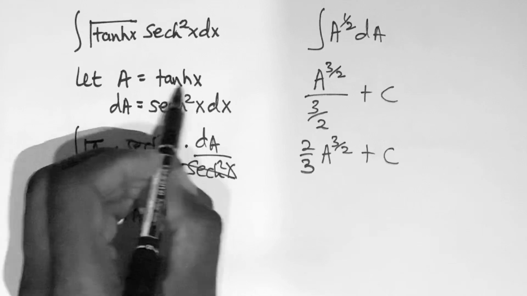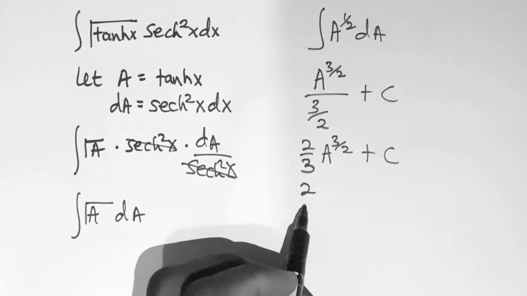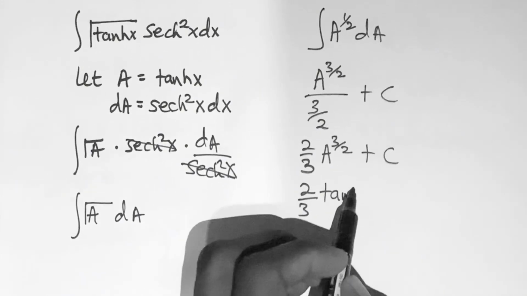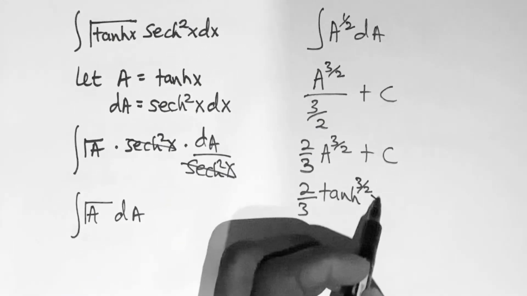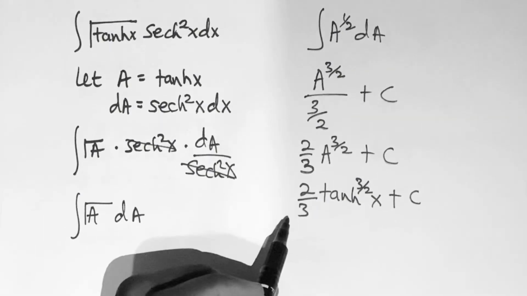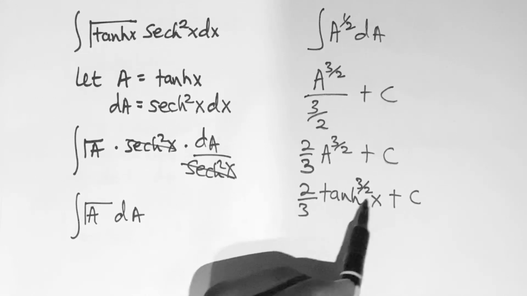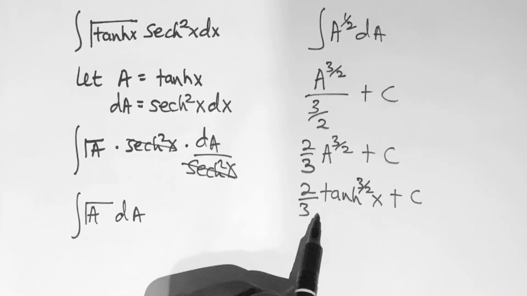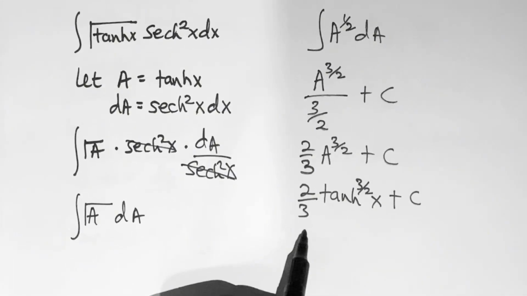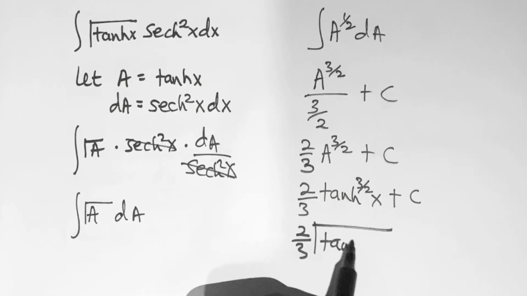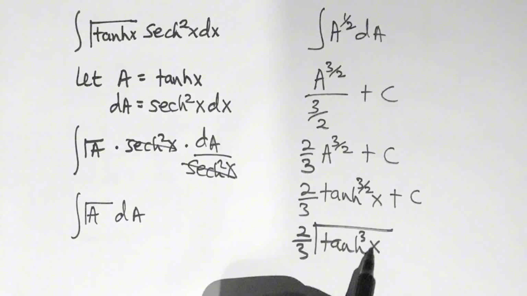But we said A is equal to tan x, so this is 2 over 3 hyperbolic tan of x to the 3 over 2 plus c. Now tan to the 3 over 2 is the same as square root of tan cubed. So this is 2 over 3 square root of the hyperbolic tan cubed of x plus c. So we are supposed to evaluate tan squared x dx.